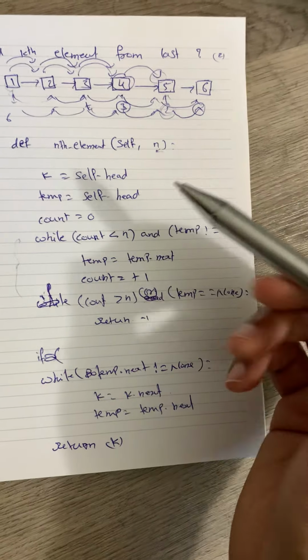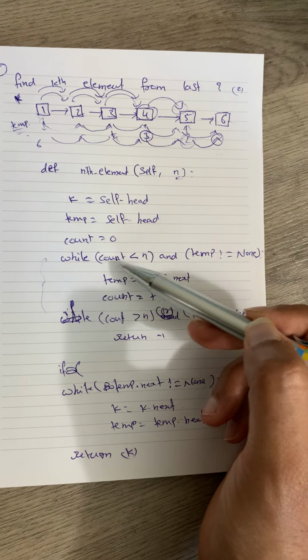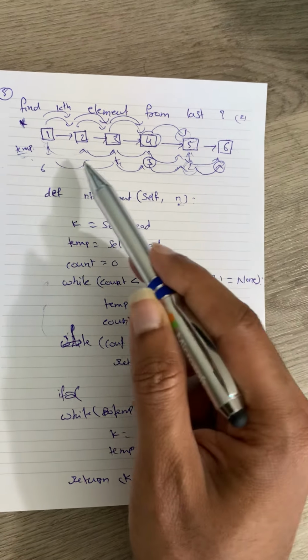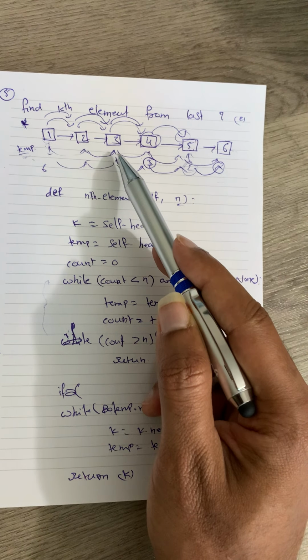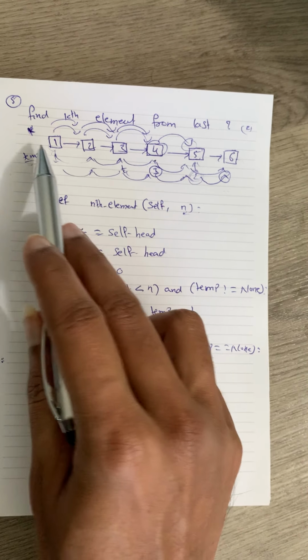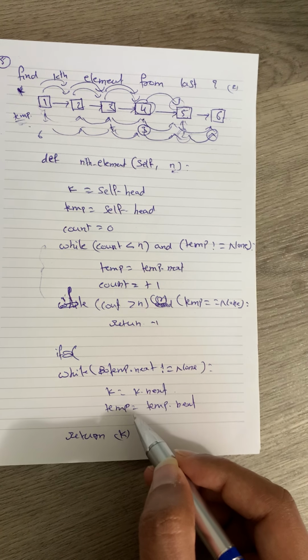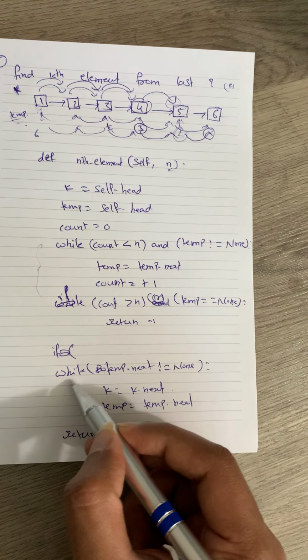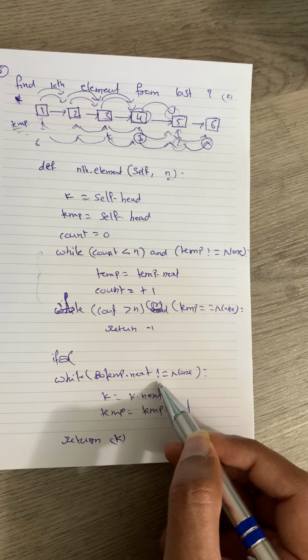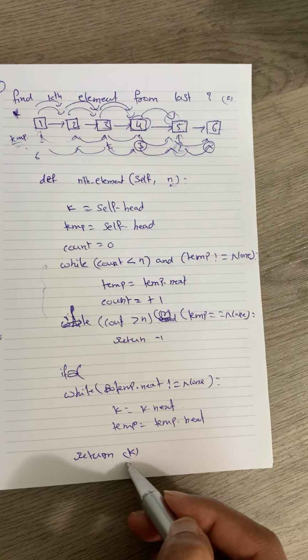So what we're doing is assigning two variables to the head first, and then making the temporary variable move n pointers. And once the temporary variable makes n moves, we start moving the kth variable. So if the temporary variable points to none, then we return nothing here.